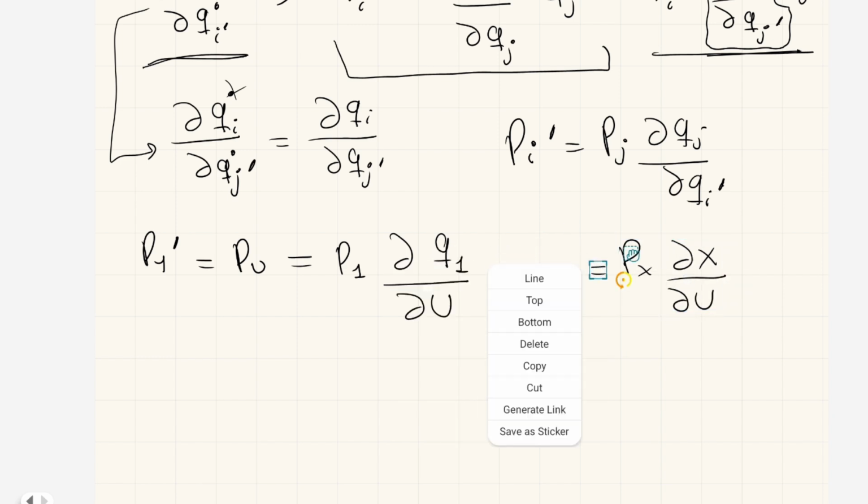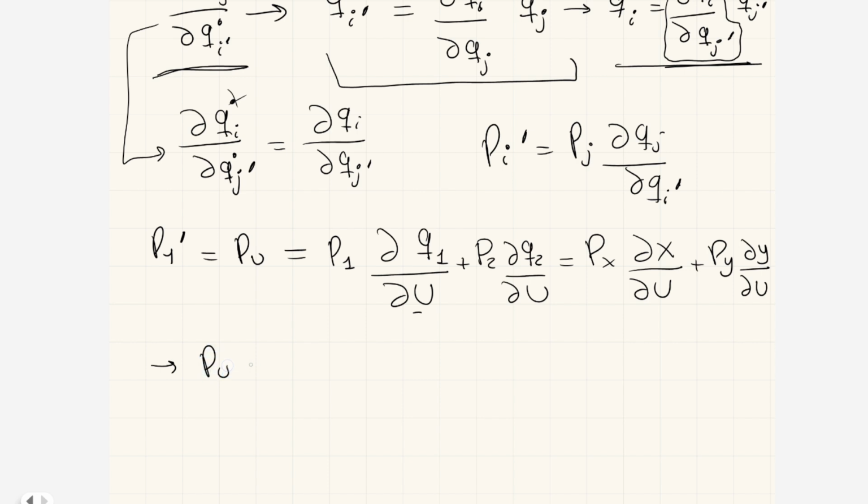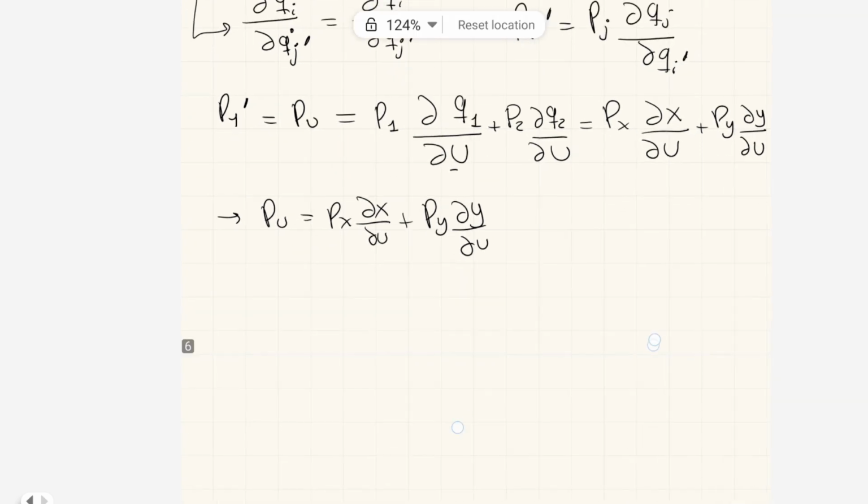So we still need to add the second element, that is p2 times the derivative of q2 with respect to u. Again, this index i is the same. Perfect. So p2 is, of course, py, and q2 is y, the derivative of y with respect to u. Okay, perfect. So we get that pu is equal to px, the derivative of x with respect to u, plus py, the derivative of y with respect to u. Perfect. So now we have pu.